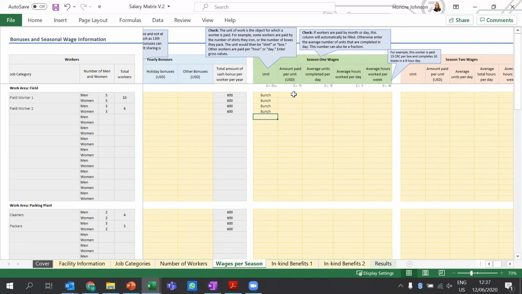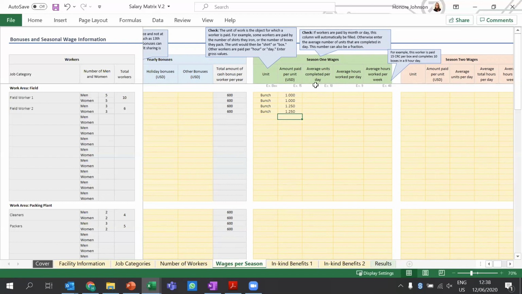The amount paid per unit differs per job category. In this case, field worker 1 are paid $1 per bunch, both men and women, and the field worker 2 are paid $1.25 per bunch. So here we can enter those values.